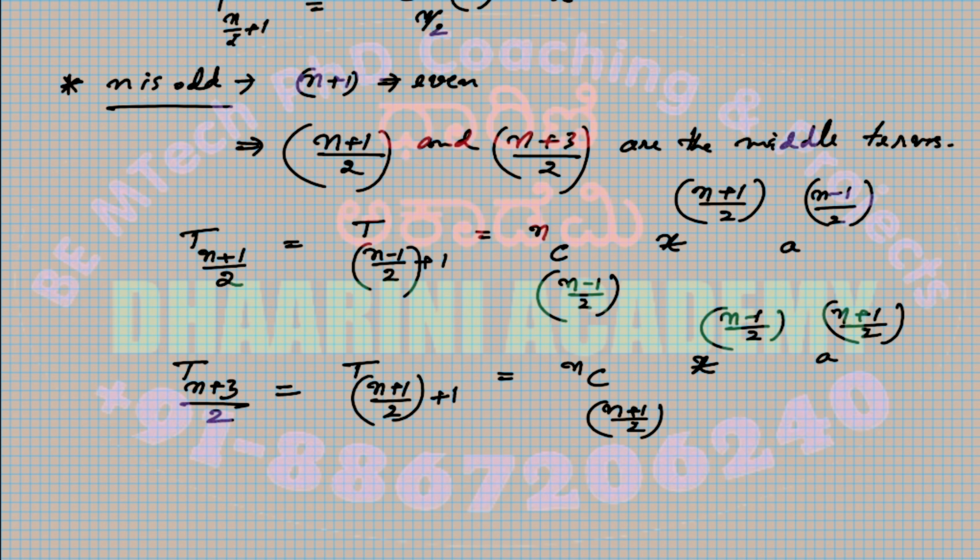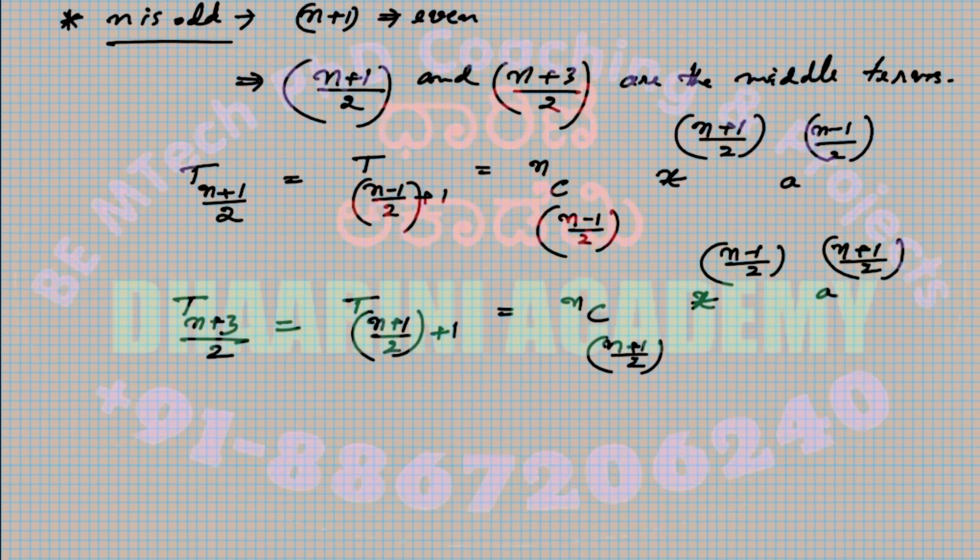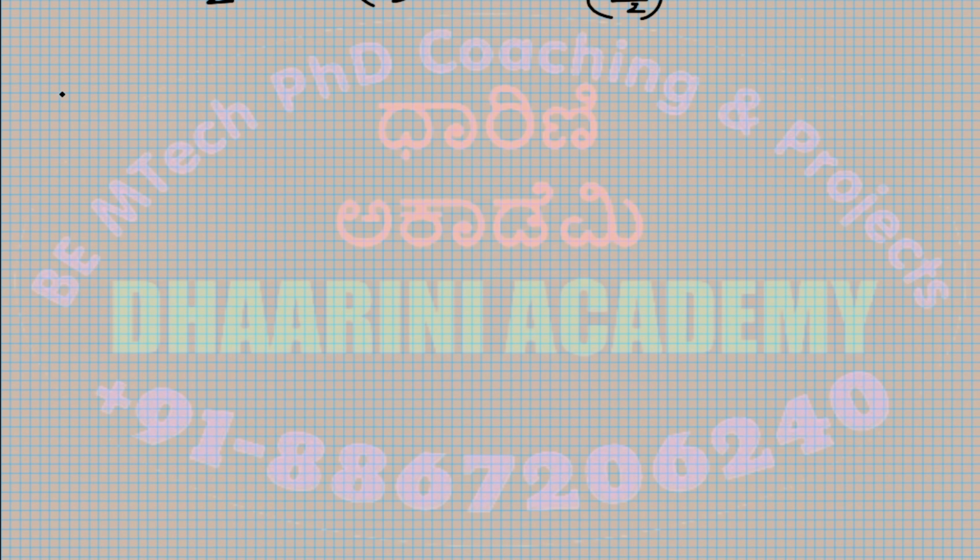All right. So a question based on this. Find the middle term in the expansion of (a/x + bx) raised to the power 12. I can see that n is equal to 12.